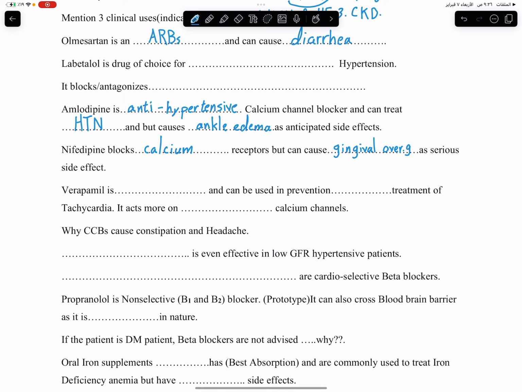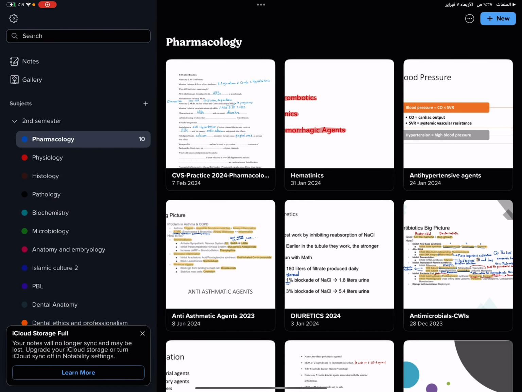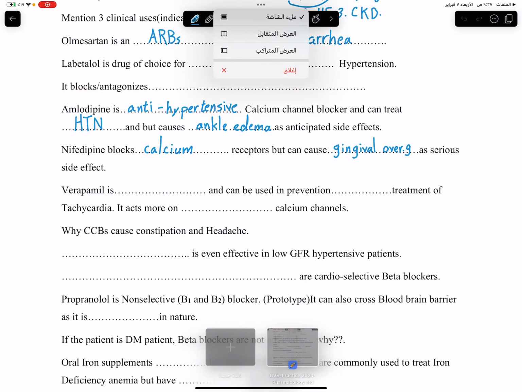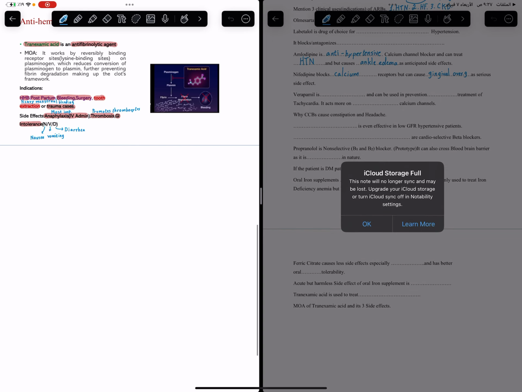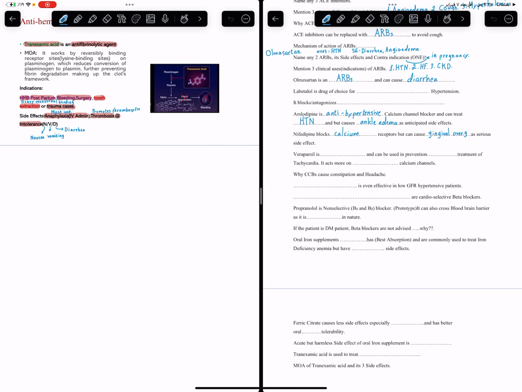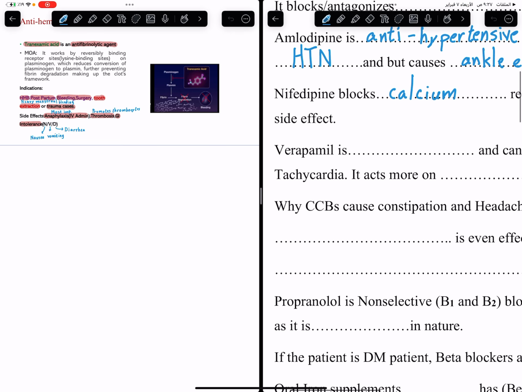Why do CCBs cause constipation? No, before this. Verapamil is a calcium channel blocker and can be used in prevention and treatment of what? Prevention of arrhythmias, good, and treatment of tachycardia.